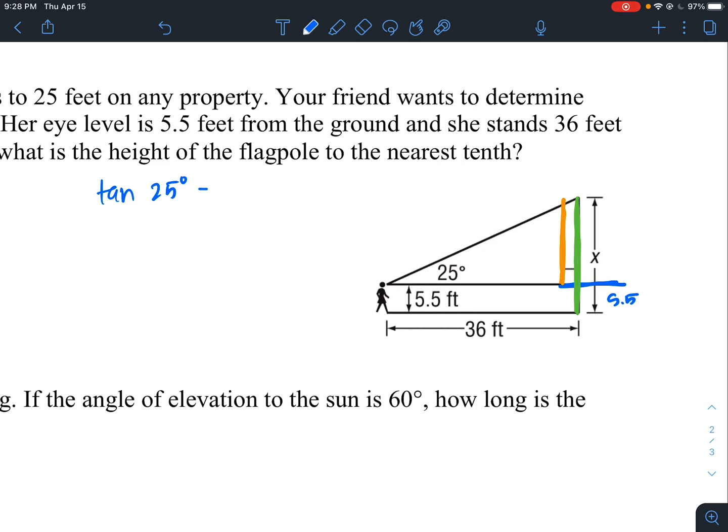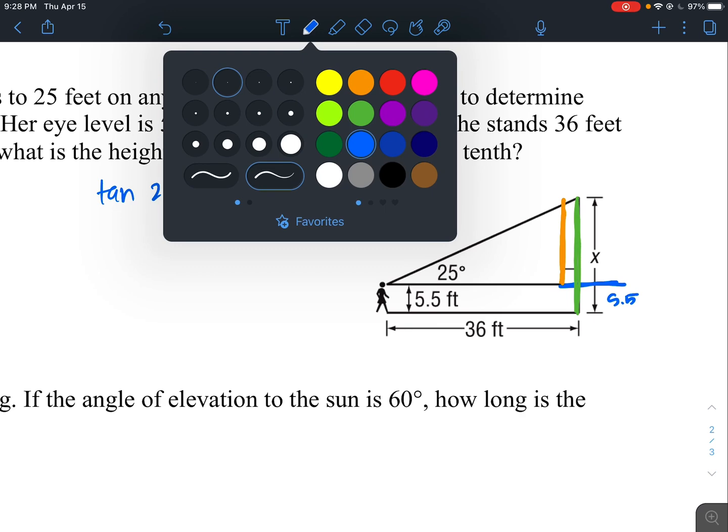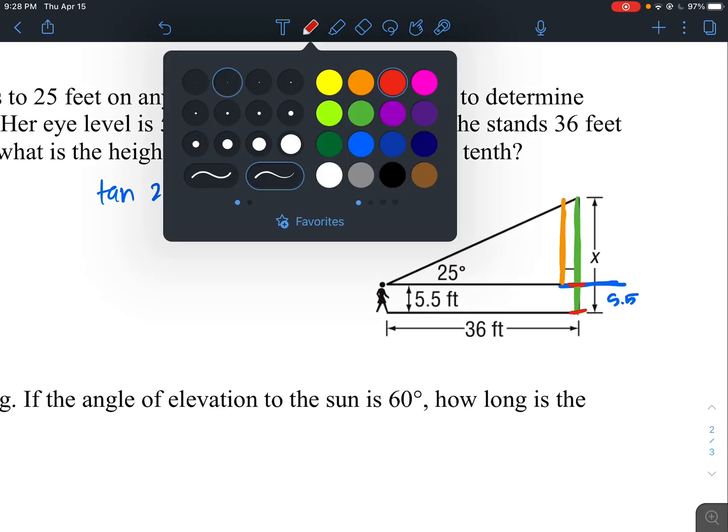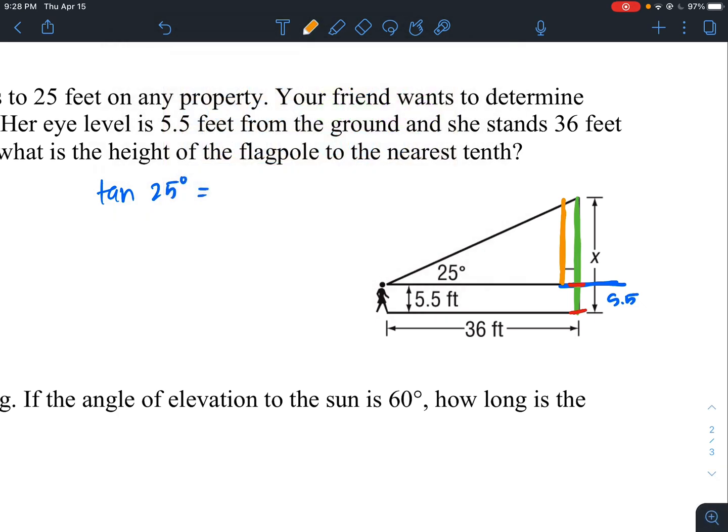But here, tangent of 25 has to be the distance of the orange line, which is the green line subtract the eyesight. So I need to take x and subtract the eyesight to find my orange line. So my orange line is x subtract 5.5 feet divided by 36 feet.